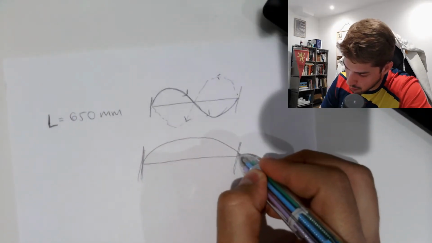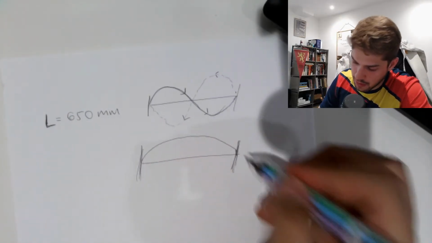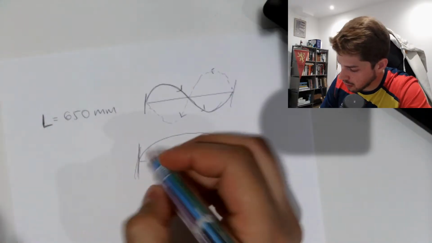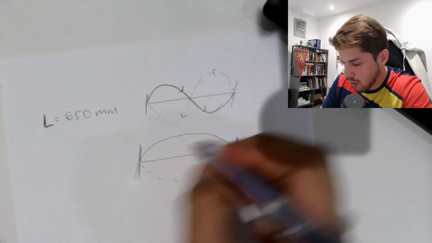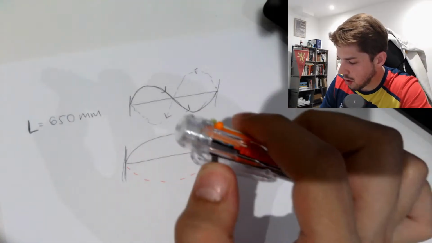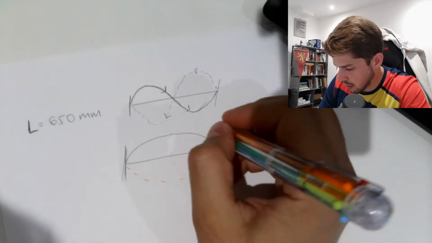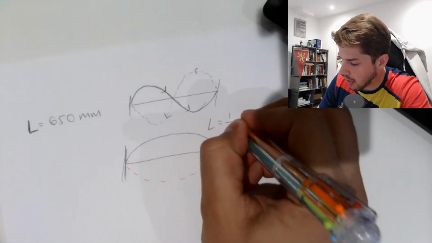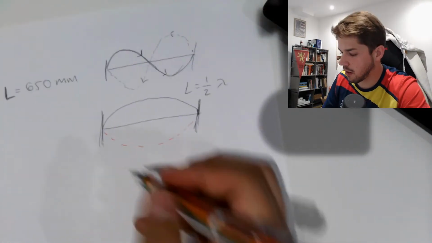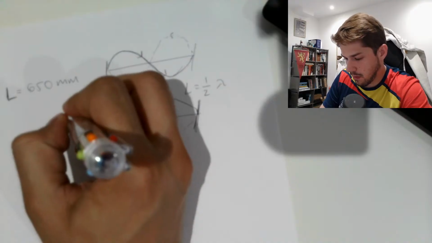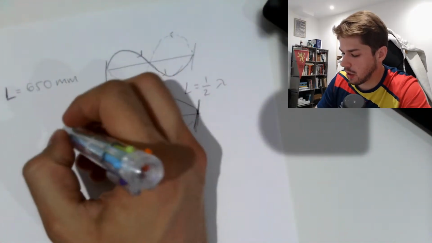The first harmonic, I will paint with another color, is where the length of the string is equal to half of the wavelength. Remember that the Greek letter lambda is wavelength. This is the first harmonic.